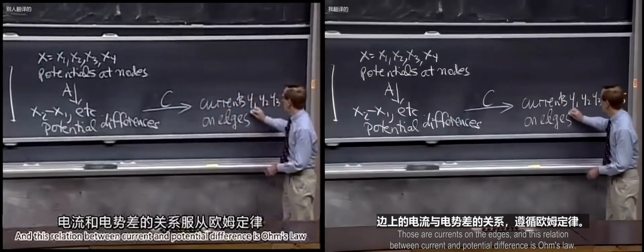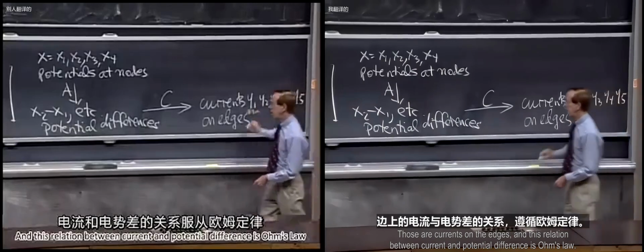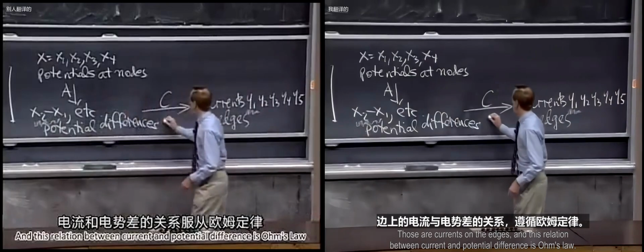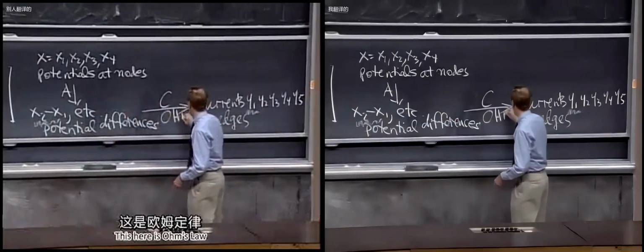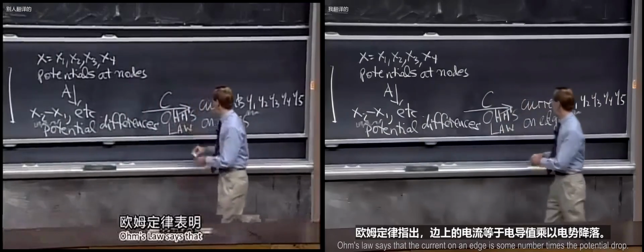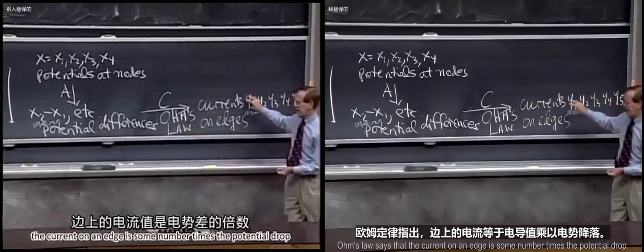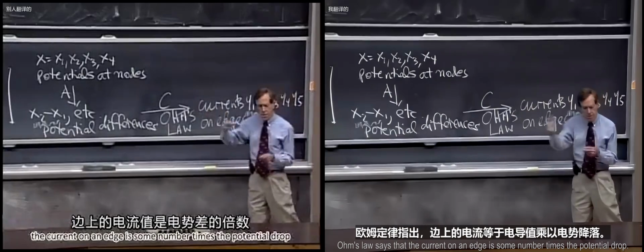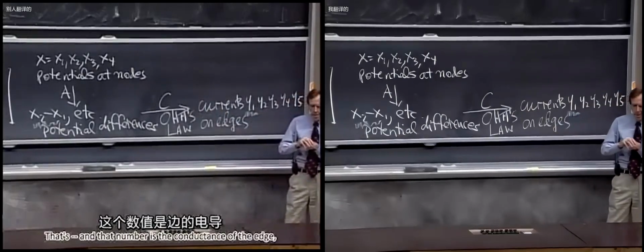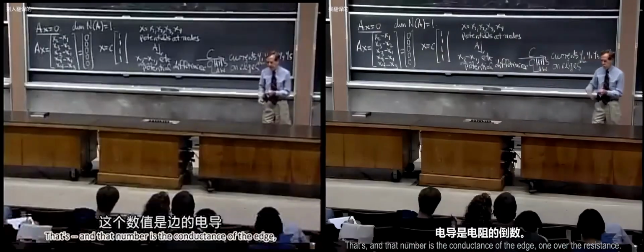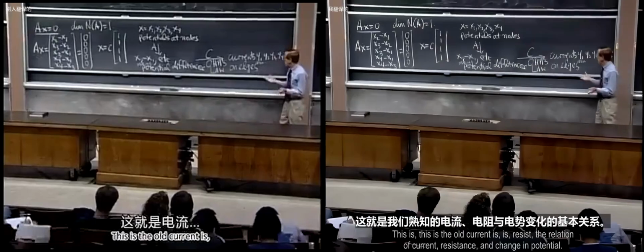And this relation between current and potential difference is Ohm's law. Ohm's law says that the current on an edge is some number times the potential drop. And that number is the conductance of the edge, 1 over the resistance.